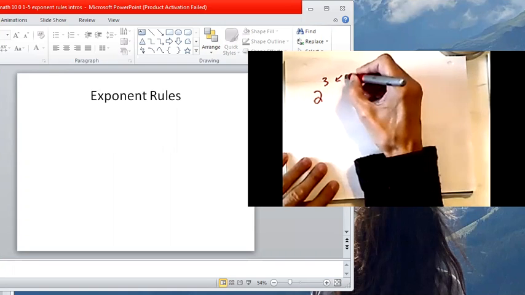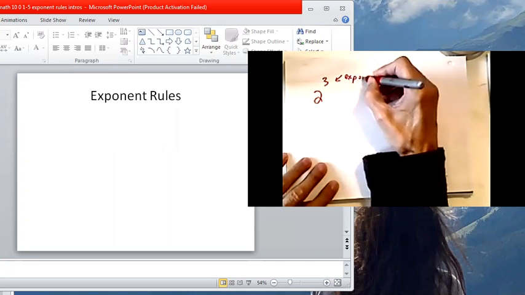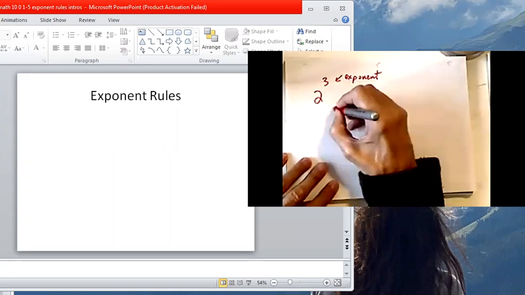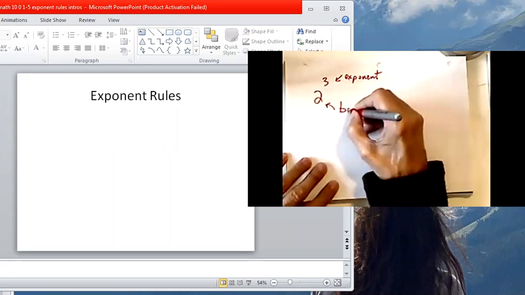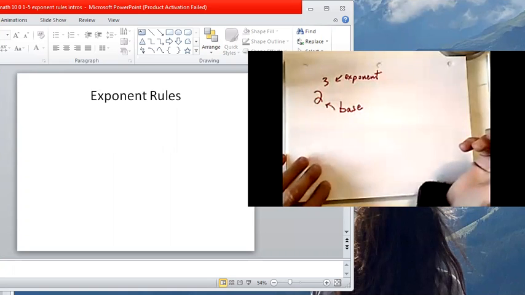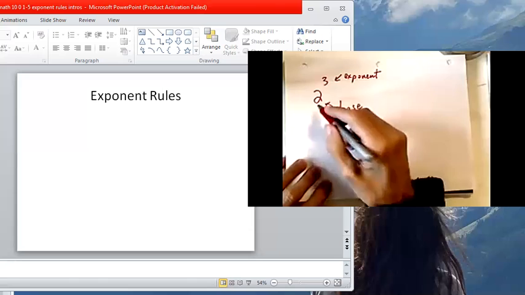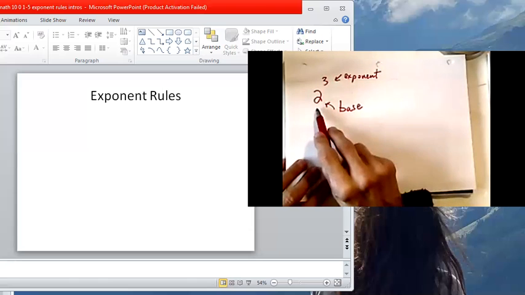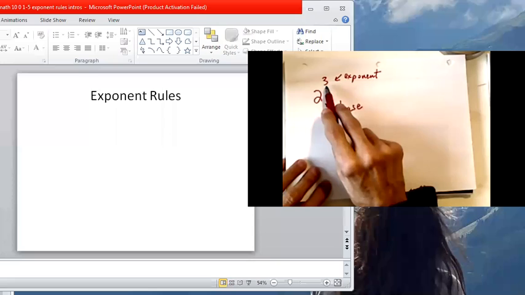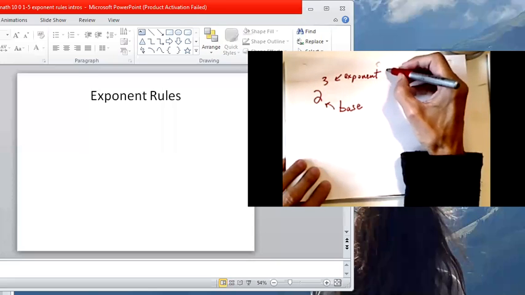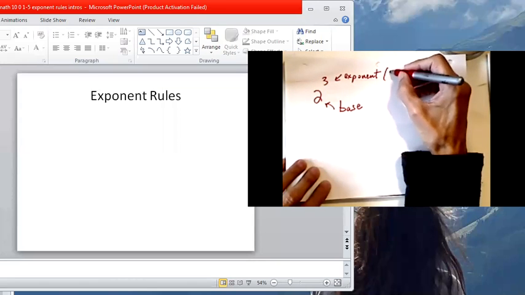The exponent is the little number upstairs. The bottom number there is called the base. The base shows what number is multiplied, and the 3 shows how many times, or how many numbers, right?